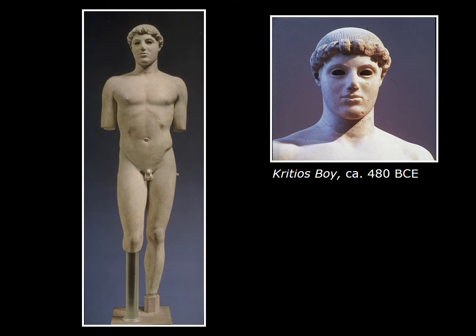You almost see a little bit of an S curve from his shoulders down to his knees. This sort of unified approach to the body led artists to represent movement with a new natural realism. Even though the Critios boy is at rest, his muscles suggest motion. This sculpture has life. He seems capable of taking a step, of moving.